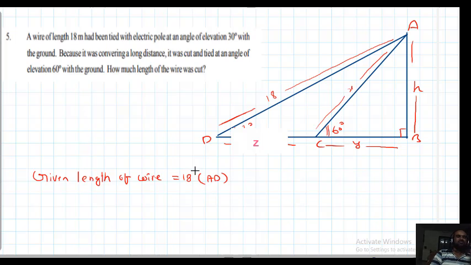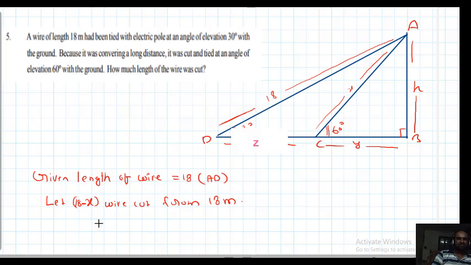Let x meters, 18 minus x meters wire cut from 18 meters. Means this becomes x. So this total 18, 18 minus x only is the required length.